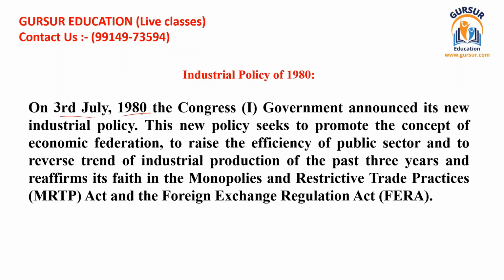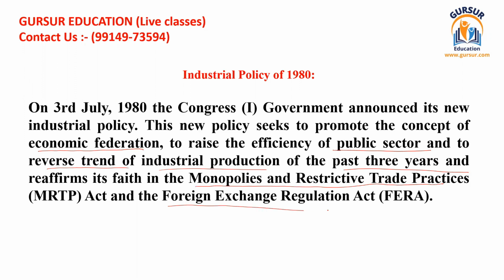So on 3rd of July 1980, the Congress government announced the new industrial policy. It sought economic federation and to raise the efficiency of the public sector, to reverse the trend of industrial production of the past 3 years, and they reaffirmed the faith in the Monopolies and Restrictive Trade Practices Act.